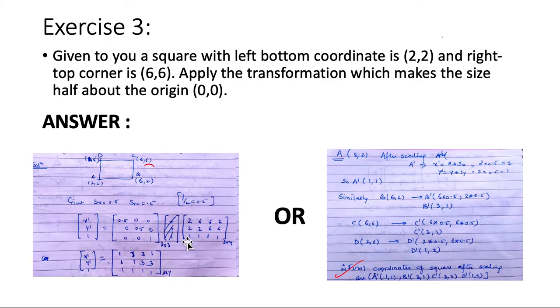This is for the first point, the second point, the third point, and the fourth point, or A, B, C, D. Then you multiply this matrix and you will get this. So this first answer shows how to solve it in matrix form, and the second one on your right is by using equation number 3.